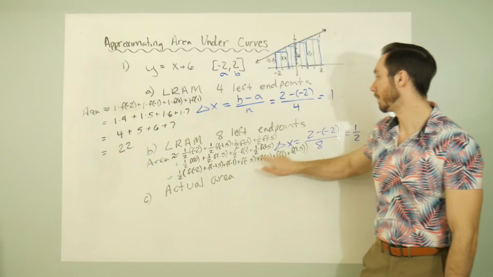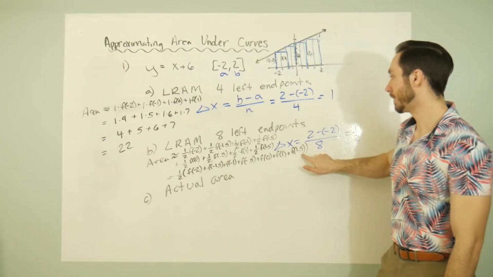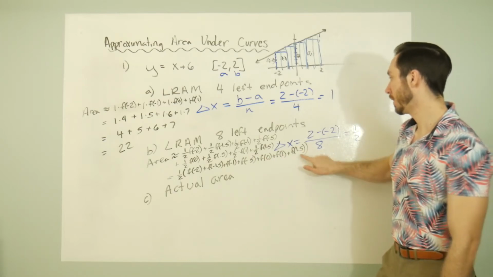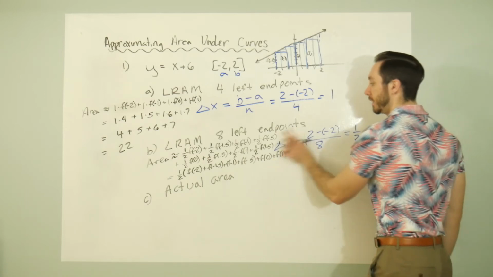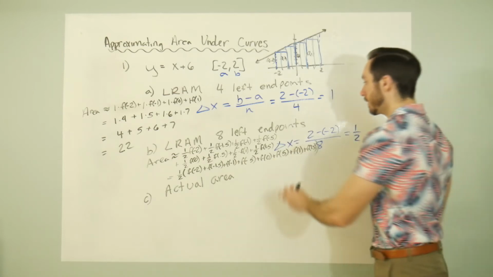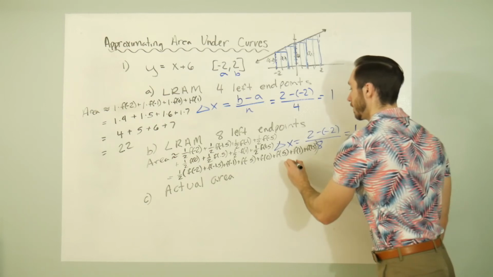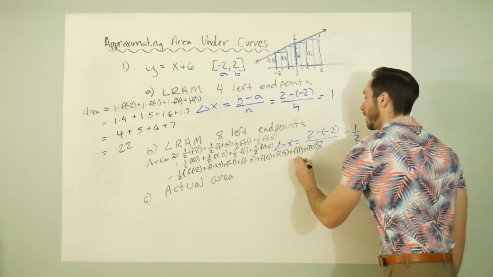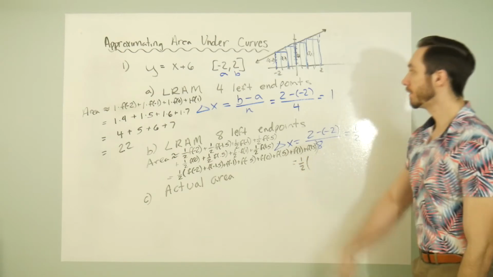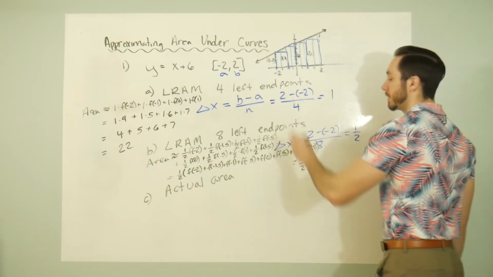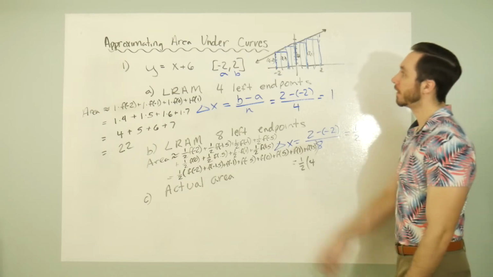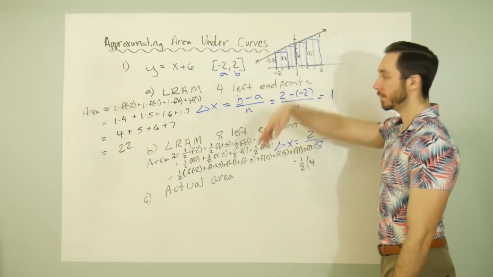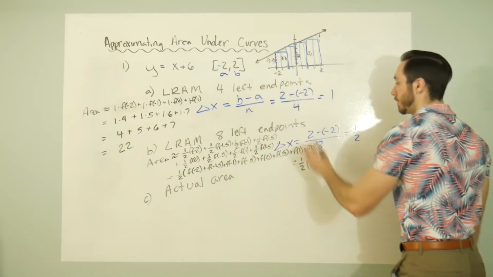1, 2, 3, 4, 5, 6, 7. What did I skip? Oh, I skipped a f of 0.5 here. Let's actually solve this out. So I'll say this is equal to, and I'm going to just keep the half on the outside here. F of -2 we already solved for. That was 4. F of -1.5, okay, that's going to be 4.5.